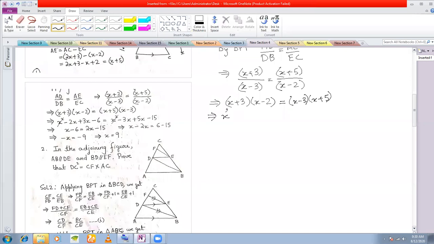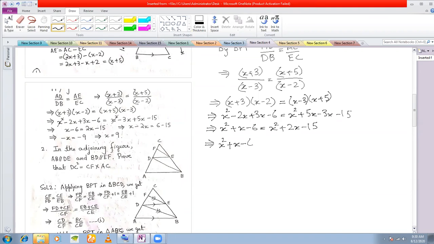Then I get X square minus 2X plus 3X minus 6 is equal to X square plus 5X minus 3X minus 15. Simplify: X square plus X minus 6 is equal to X square plus 2X minus 15. Now you take everything to one side.